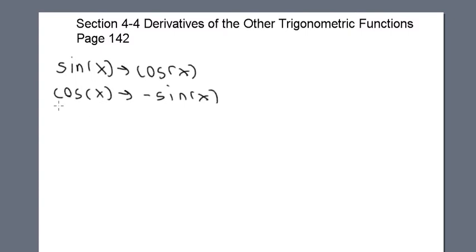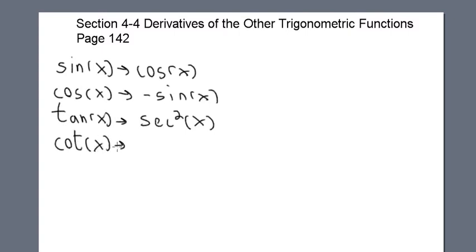Now we also have the tangent becomes secant squared x, and that's one where you might wonder what's up with that. We have cotangent of x becomes negative cosecant squared x. Once again, seems kind of out there.